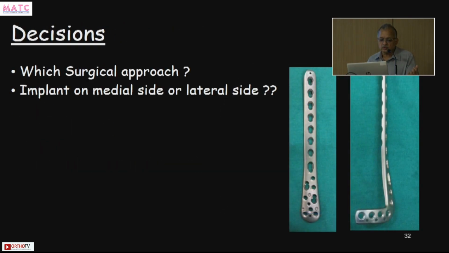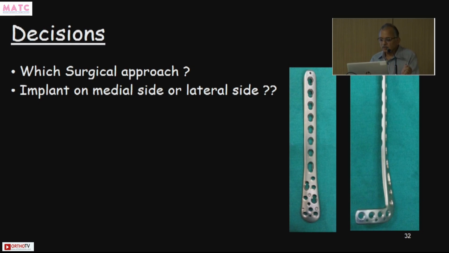So how do you reduce that? I'll come to it. Before that, we have to take a decision which surgical approach one should take in this tibial pylon fracture, which implant one must use, whether a medial plate or a lateral plate.